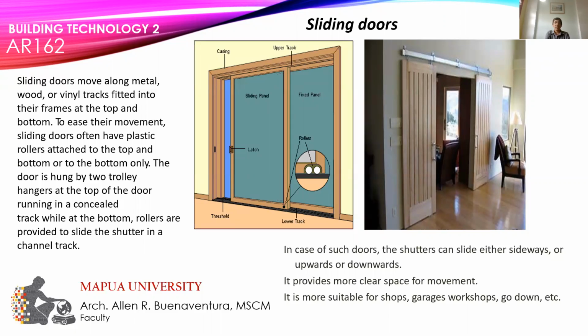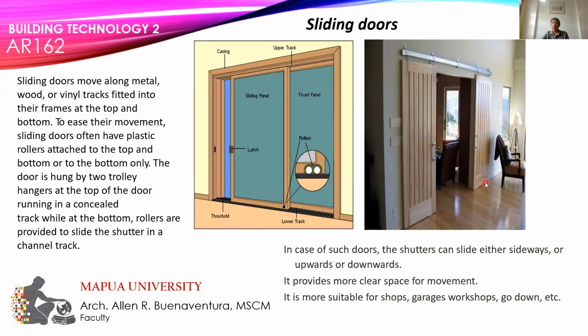This is hung by two trolleys. On the other side, this is one. This is the hung sliding door. You can see there is no threshold below and no lower track, because there is a tongue attachment at the bottom of the rail of the panel.